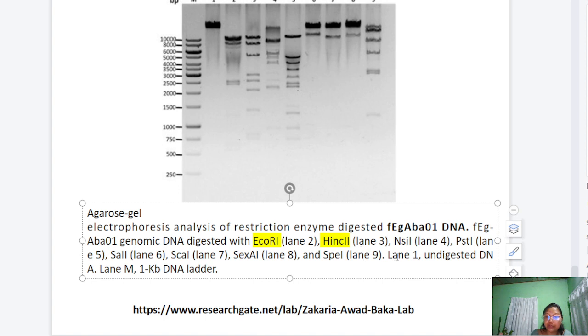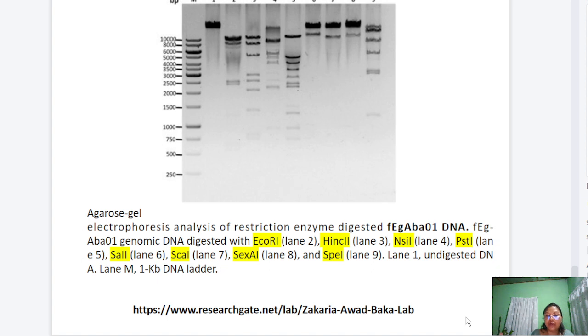The third lane is represented by HIN2. The fourth is represented by NSIL. The fifth is represented by PSD1. The sixth is represented by SAL1, lane 7 by SCE1, lane 8 by SEXA1, and lane 9 by SPE1.